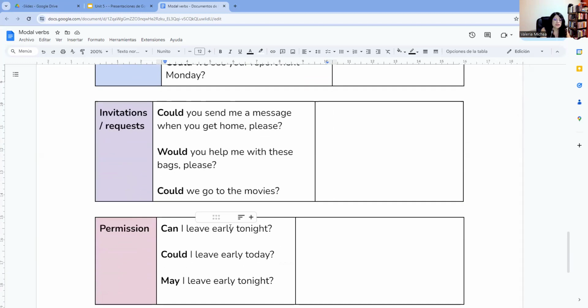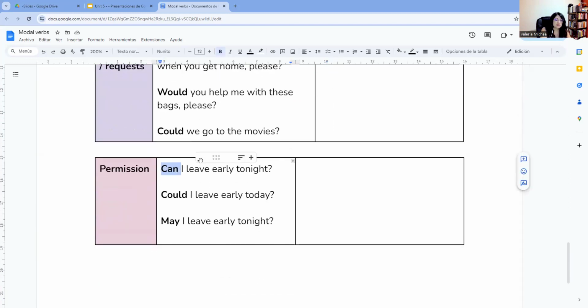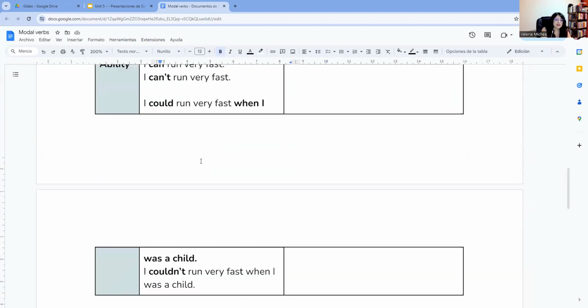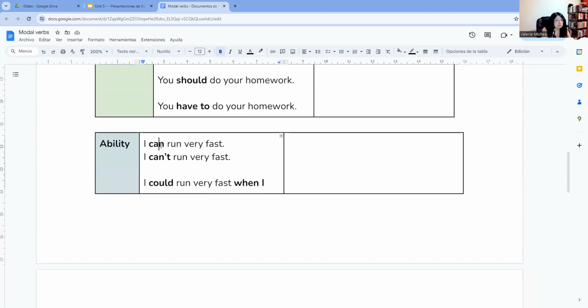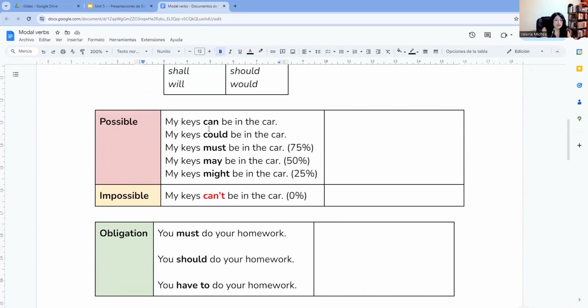That's why we can have can for permission, but we also have can for ability, but we also have can for possible situations in the future or in the present. Right? So how do I know which meaning I'm referring to? It depends on the context. That is something that we need to figure out from the context. There's no other way around.